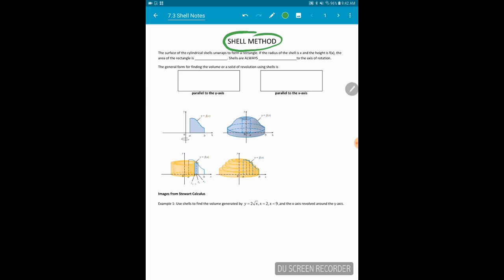If the radius of the shell is x and the height is f of x, the area of the rectangle is x times f of x.